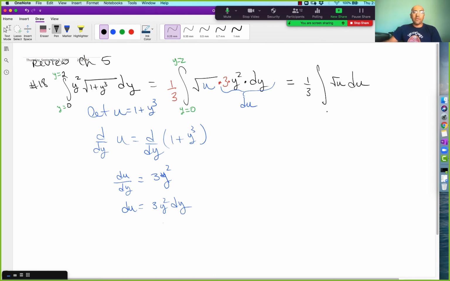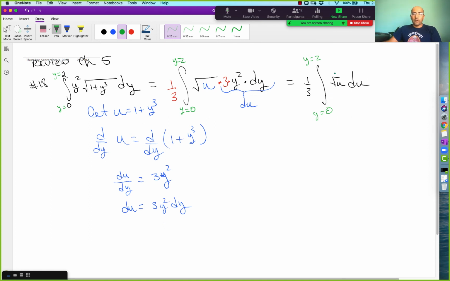But now it would be a mistake if you just say, oh, well, this goes from 0 to 2 and we're done with that. That doesn't make sense, because this 0 and this 2 refer to a y equal to 0 and a y equal to 2.